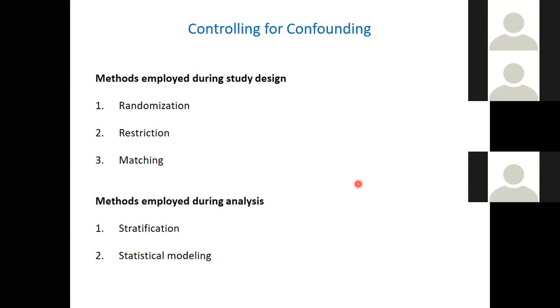Then the other one is matching. What you can do is make sure that you match for the confounding variable. Like for this case of alcohol as well, if somebody is smoking in the case group, or in a cohort study, the group, all this is studying the effect of factors, which is analytical study.